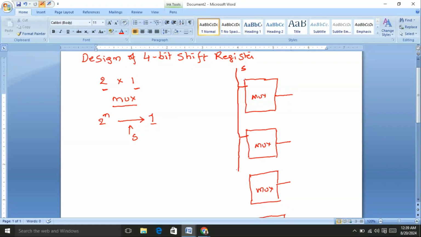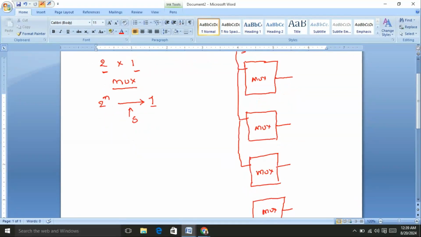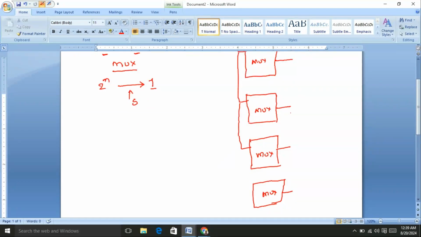The selection line is connected to all the multiplexers. And we know that the multiplexer has two inputs. This is the 0 input and first input, and the same for each of the other multiplexers.